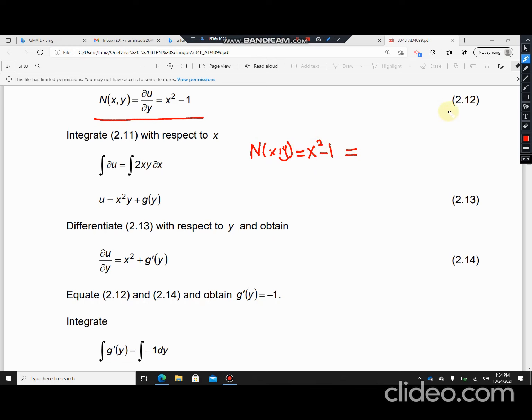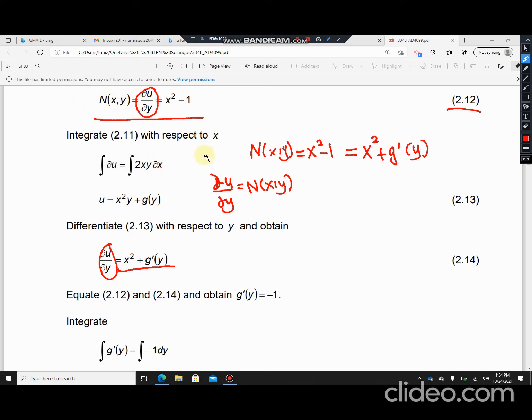So dia awak kena samakan dengan 2.14 kat sini, which is equals to x square plus g prime y. Sebab apa kita samakan kat sini? Sebab kita tahu ∂u/∂y is equals to N(x,y). So that's why bila awak dah ada ∂u/∂y, kita tahu dari step tu ∂u/∂y akan sama dengan N(x,y) kan.